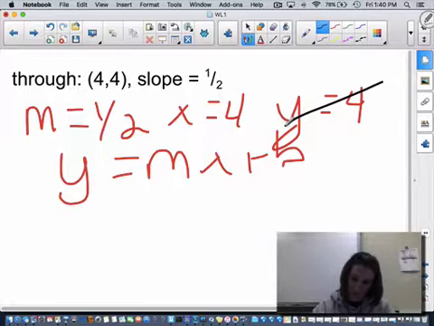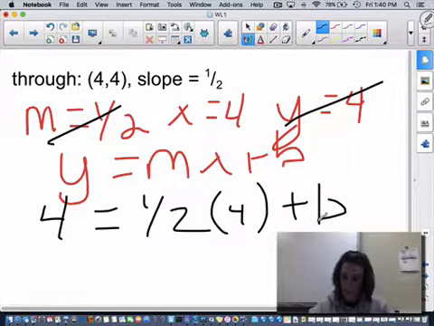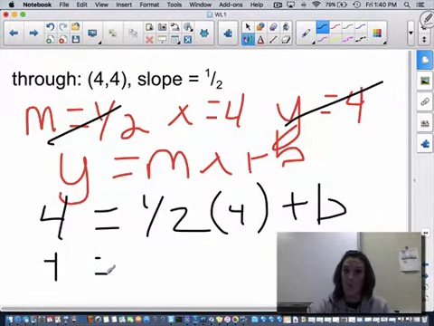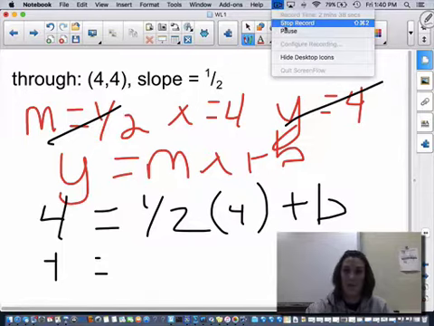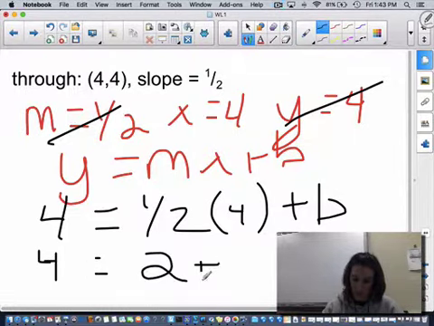Okay, so y is 4. 4 equals m is 1/2, x is 4, and then plus b. Solve. 4 equals. All right, so 1/2 of 4 is 2 plus b.